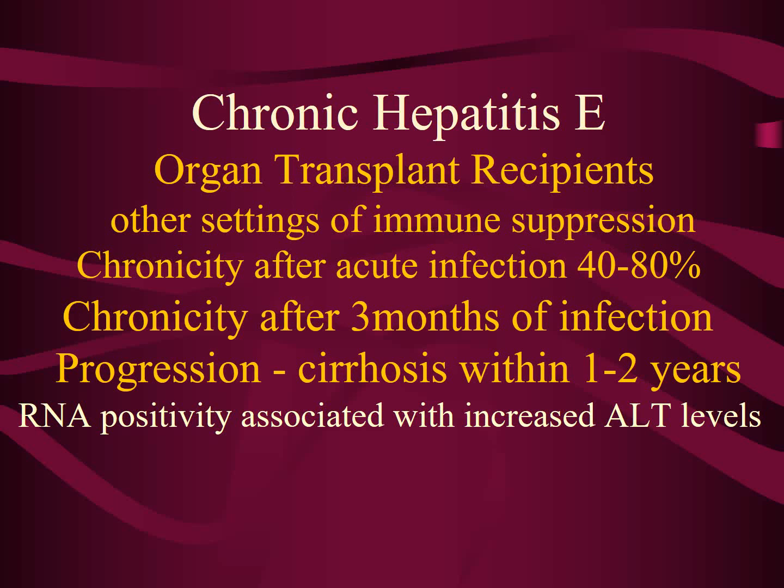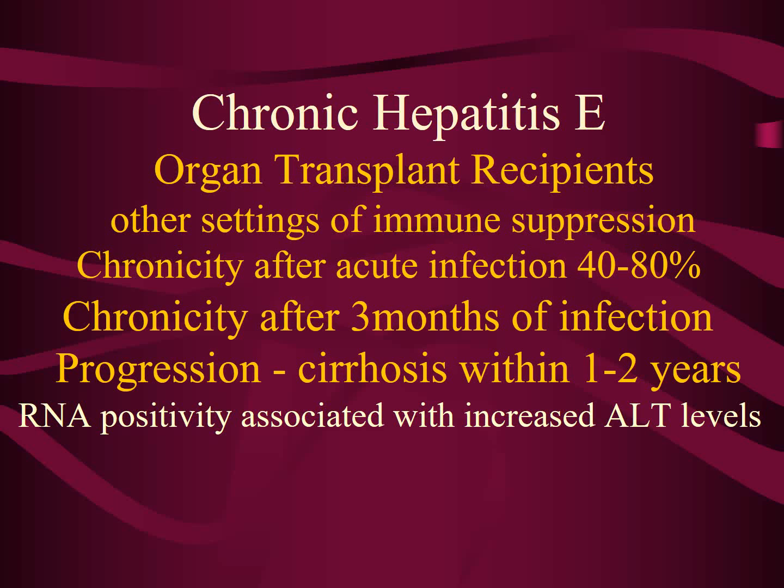Chronic hepatitis E virus, as we said before, is not like hepatitis B or C, but it is like hepatitis A virus. Chronic hepatitis E does not progress to liver cirrhosis.